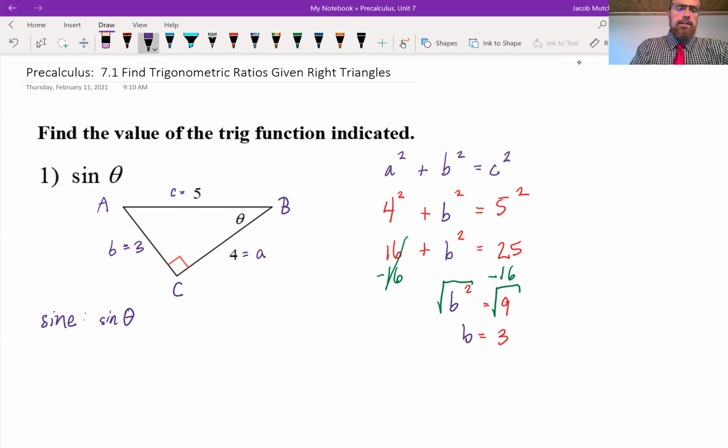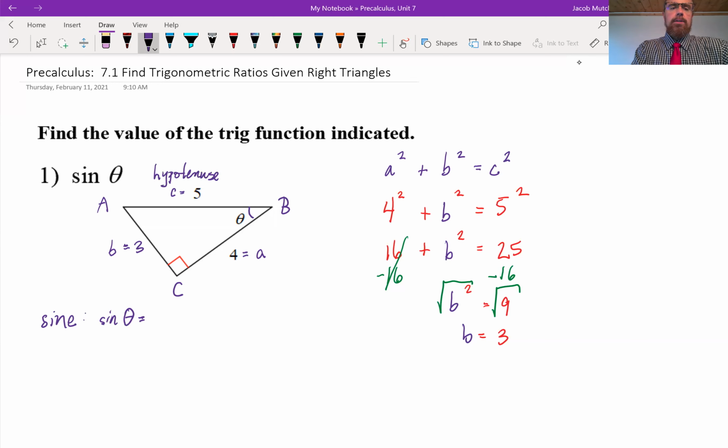Sine of theta is given as a ratio of 2 side lengths. Now, I need to go back to the diagram to determine which of these side lengths are which in relation to theta. And what that means is really just where are they with respect to theta. So I'm going to start with theta here. The side that's always the same is this hypotenuse. So I'm going to label it hypotenuse.